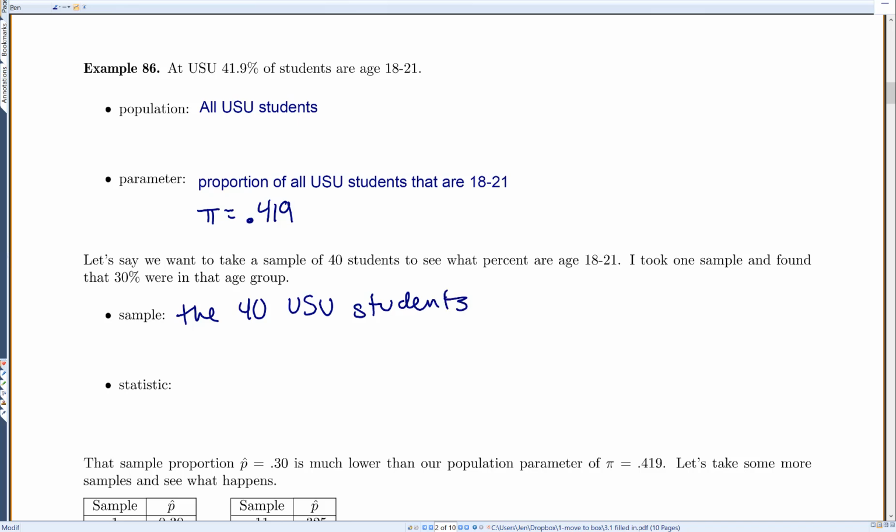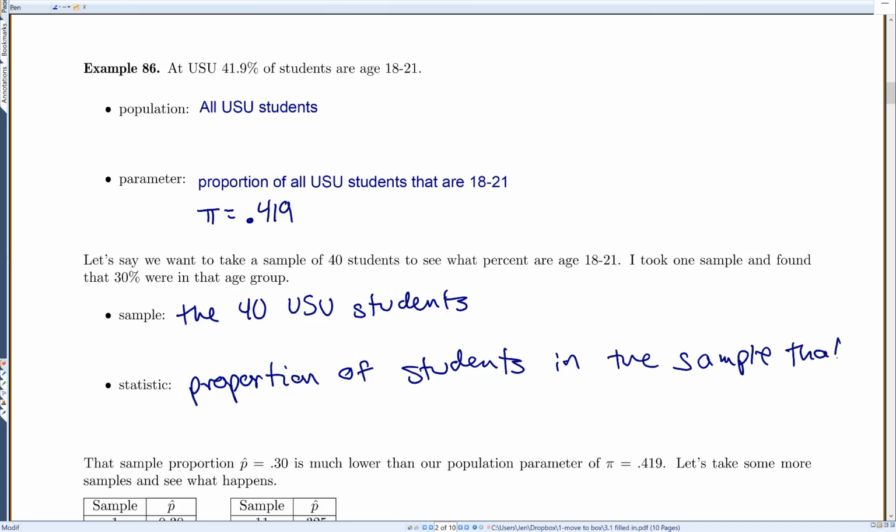And the statistic would be the proportion of students in the sample that are 18 to 21. And what would that be in symbols? Well, for your sample proportion, we use p hat, and it is 0.30, so we said 30%.